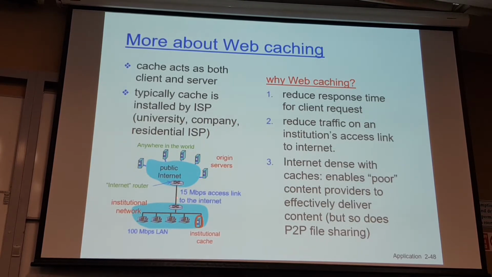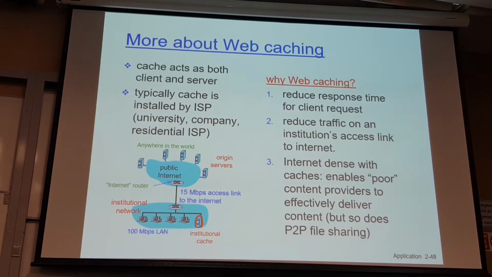It can also reduce the amount of traffic exchanged over this bottleneck link, the access link. And in general, it helps improve the services provided by content providers. And this web cache will store everything, including objects requested via peer-to-peer.